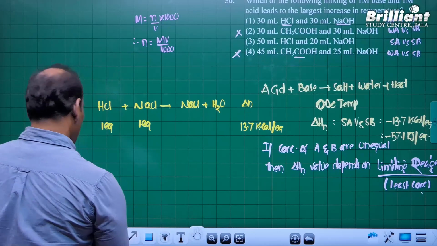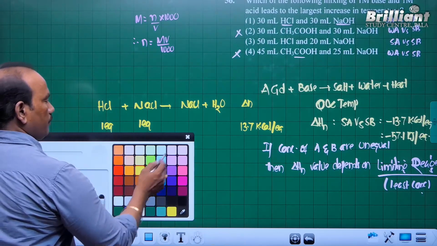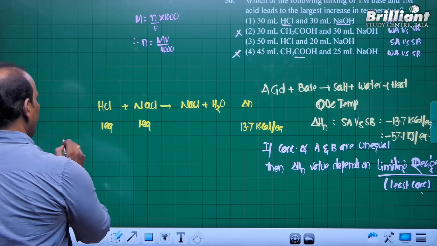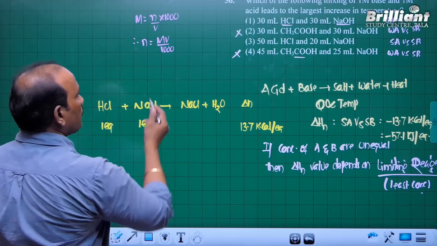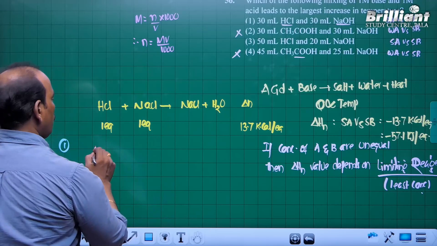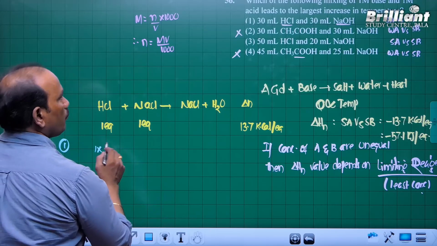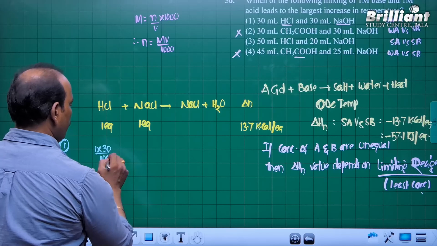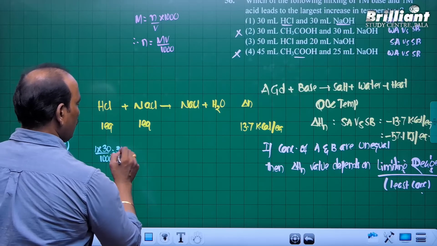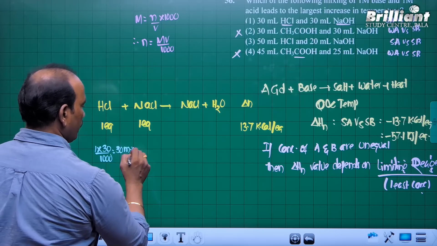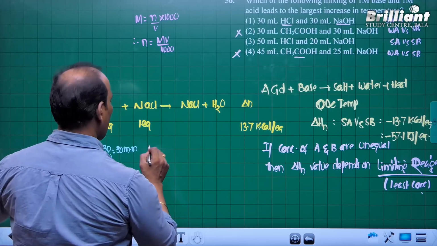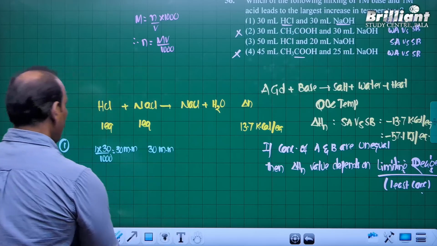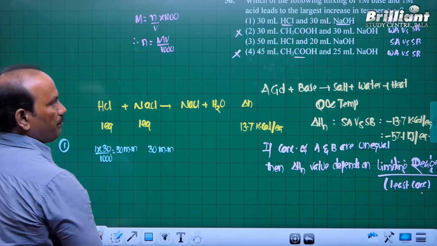Now what is the given condition? Option 1: what are the moles? That is 1 into the volume, 30 by 1000, equal to 30 millimoles. Then this also is 30 millimoles. Next option, both are same.